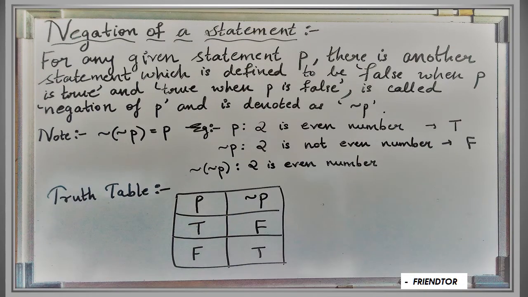Negation of a statement. Now, how is it defined? For any given statement P, there is another statement which is defined to be false when P is true and true when P is false, called the negation of P. And it's denoted, as I already told you, symbolically by a wave and the letter P. This small letter P represents a statement.